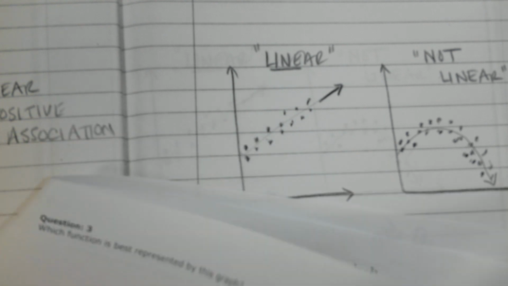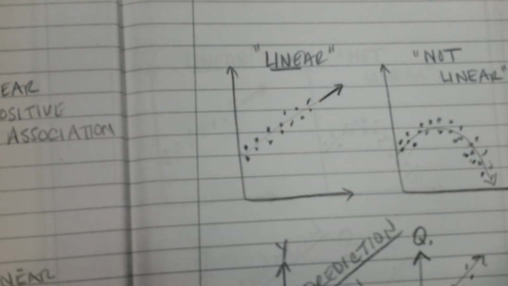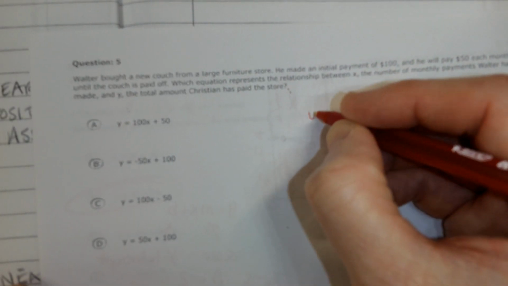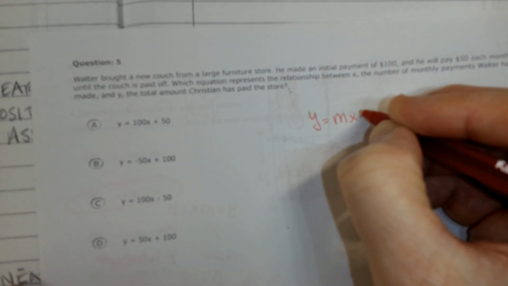Let's look at number 5. All right, look at your answer choices. And we decide, what is this about? Y equals mx plus b. But this time, I don't have a graph and I don't have a table.